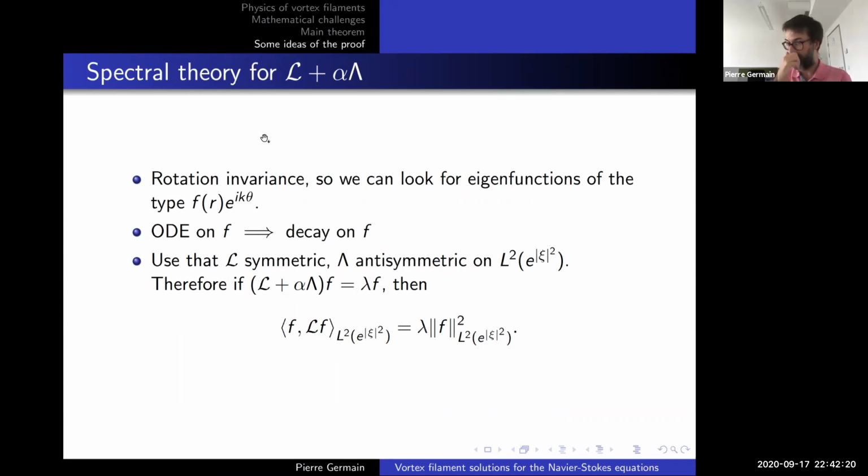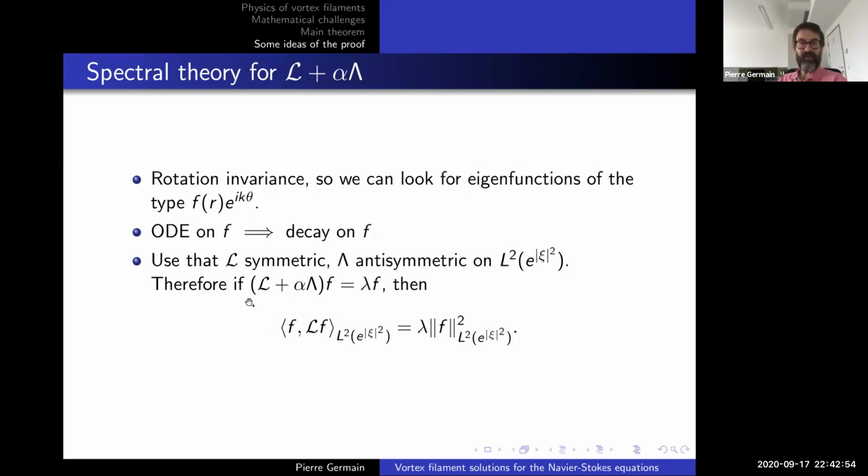So you want to exclude essentially large unstable eigenvalues. So by rotation invariance, you can look for eigenfunctions that split into radial and angular parts. The radial part satisfies an ODE, from which we deduce that if you have an eigenfunction, then it has to decay fast. So this justifies the manipulations that we are about to do.